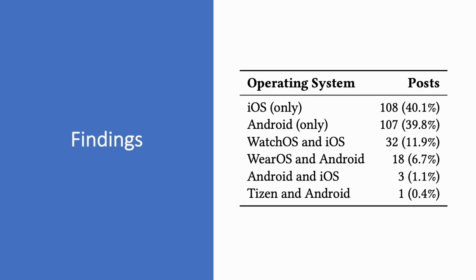About 40% of posts were around iOS, and about 40% again were specifically about Android. So in terms of operating systems, we did not observe a big difference between the number of posts about health and privacy.